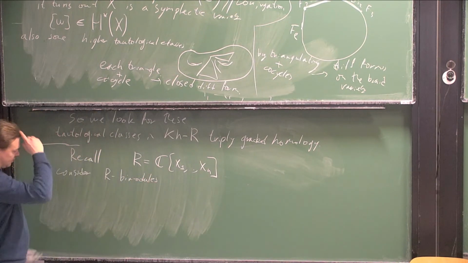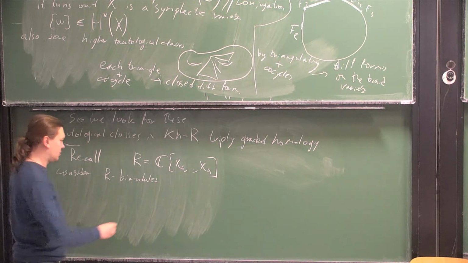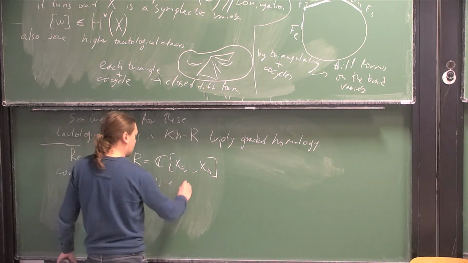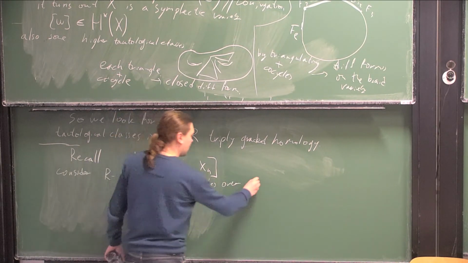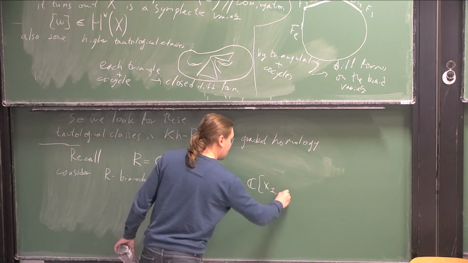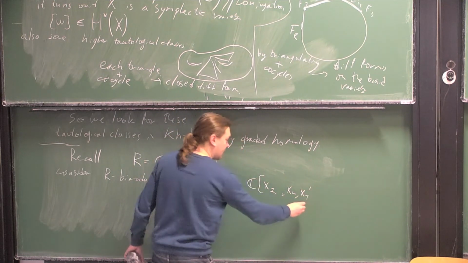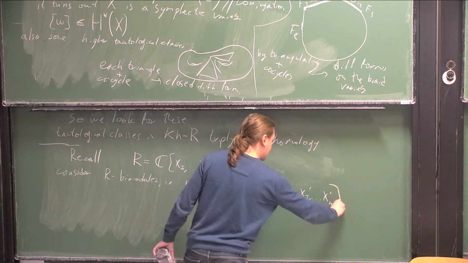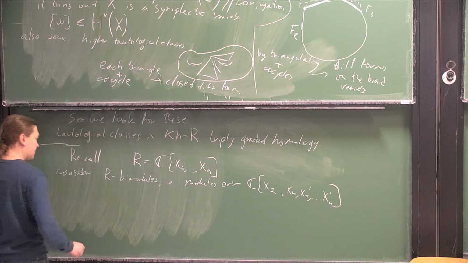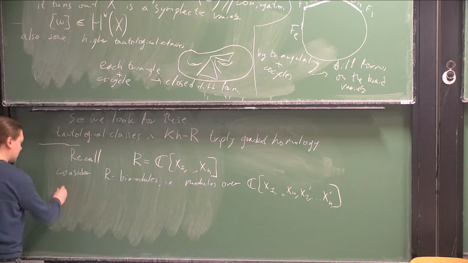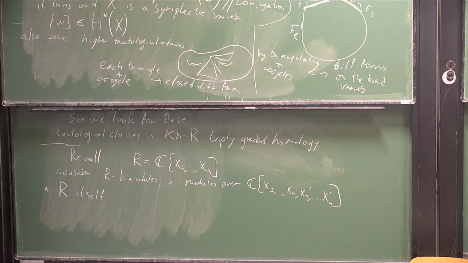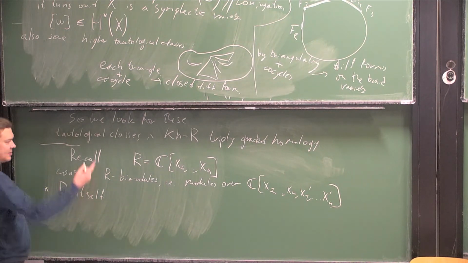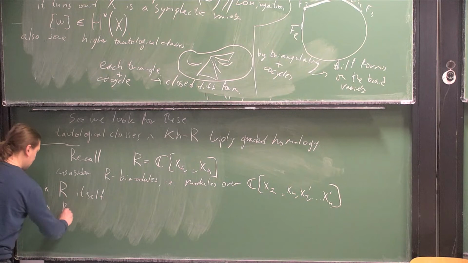And when you say bimodules, it means that there are two actions of R. So the modules have variables and another set of variables. Examples of such modules are R itself, such a bimodule where x primes act the same way as x, and another is the Poisson.